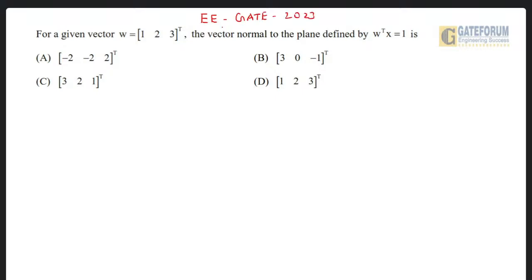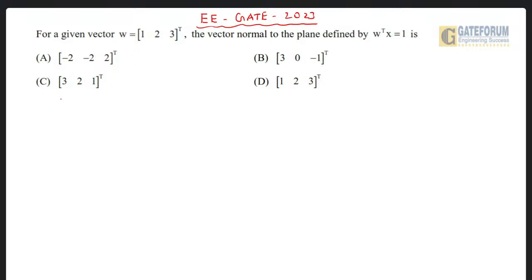The first question: for a given vector W equal to 1, 2, 3 transpose of a row matrix, the vector normal to the plane defined by W transpose X equal to 1 is. Four options are given. This is from engineering mathematics, from the topic vector calculus.